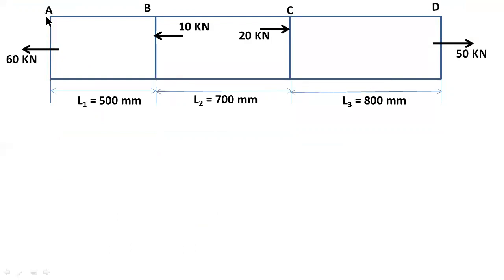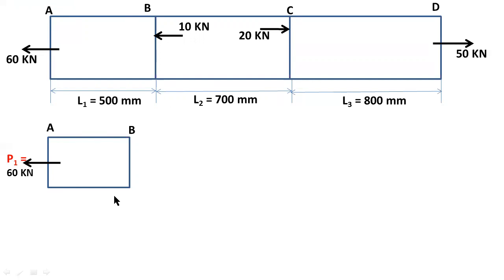I consider this AB section as section 1. Here AB, the length L1 equals 500 mm. I consider the 500 mm length as one section. The load acting at point A is 60 kilonewtons. I consider this 60 kilonewtons as load P1. P1 is the load acting on the bar AB.